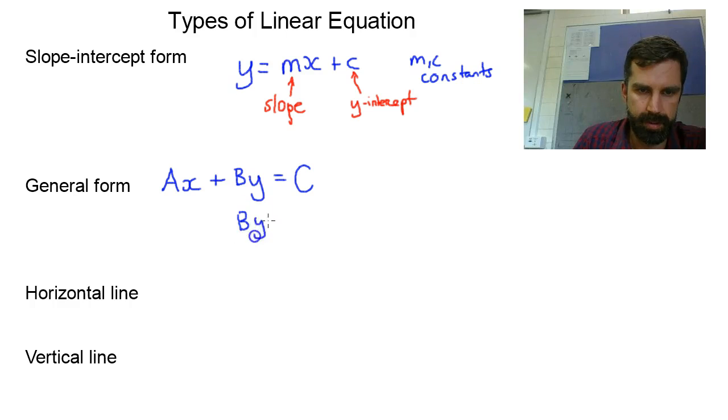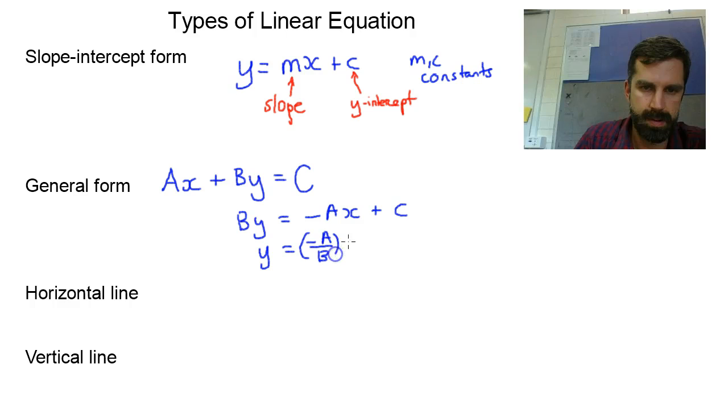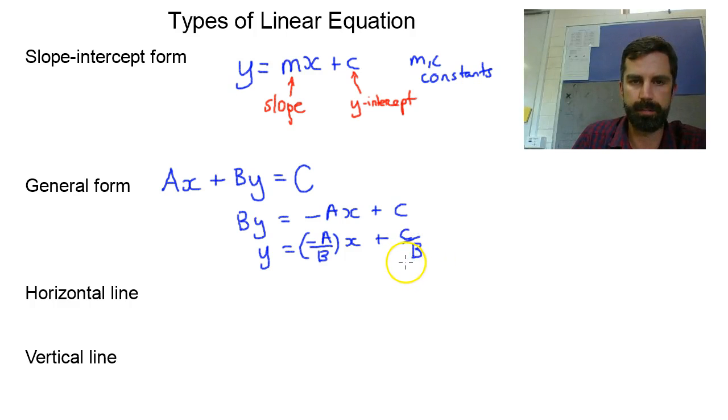That'll say by equals negative ax plus c. So I've subtracted ax from both sides. And then I'm going to divide both sides by b. And what we get is negative a over b multiplied by x plus c over b on the end.